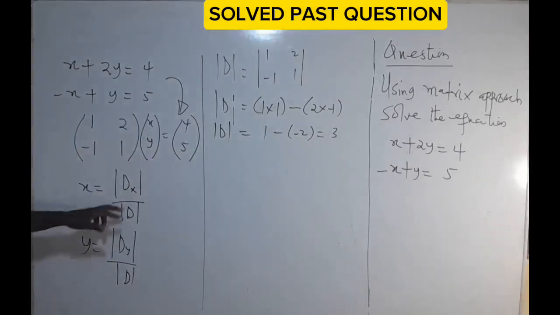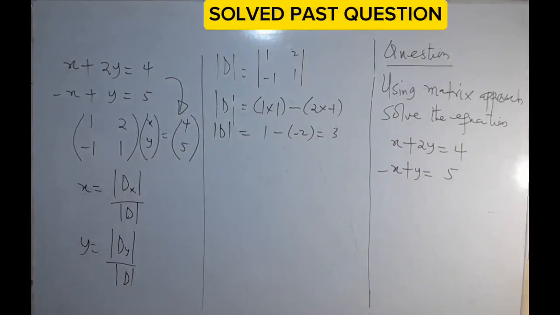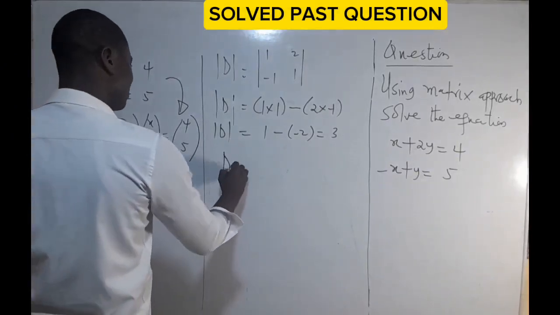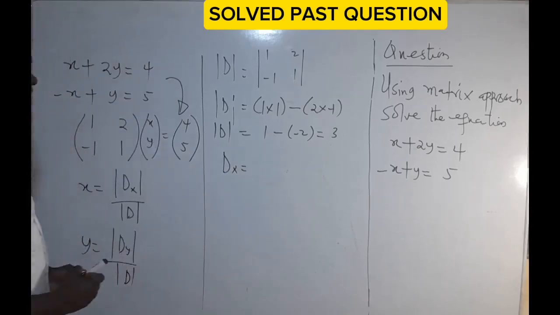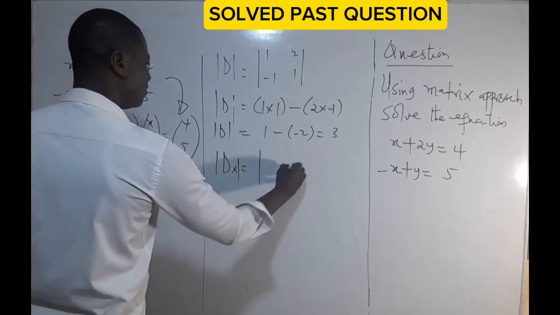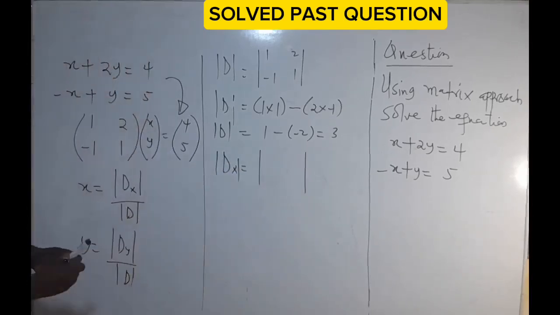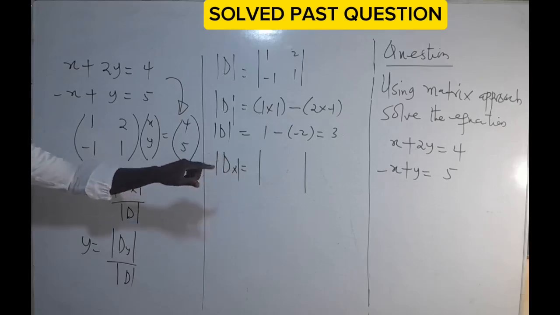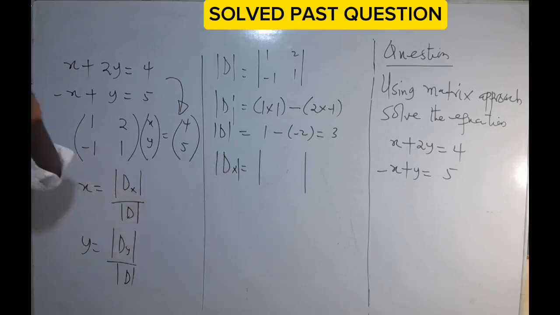Then we have to find the determinant of dx. Now, how do we find the matrix dx? Look at this very well. We have 1, 2, minus 1, 1. 1 and minus 1 are the coefficients of the x term in equations 1 and 2.